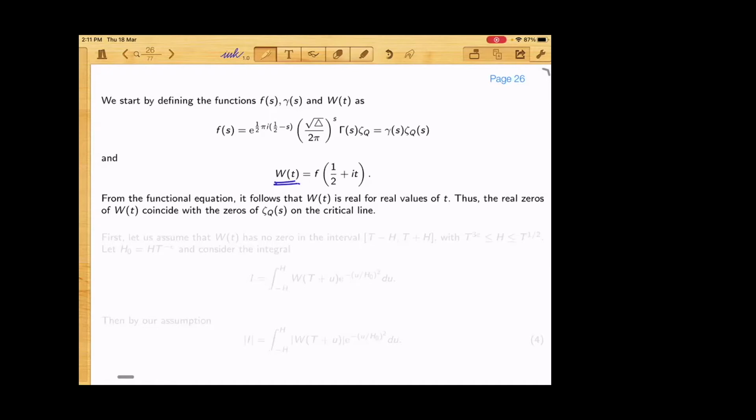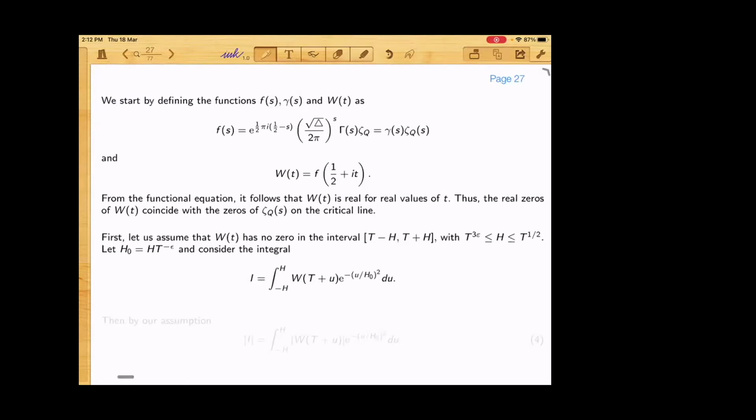Also, if you take the absolute value of W(t), this is the same as the absolute value of zeta of half plus it, since the gamma functions will not have zeros. Therefore, the zeros will come from zeros of zeta of half plus it. And therefore, in order to show the critical zeros of this zeta function, it's enough to show that W(t) has real zeros for real values of t. So that is the basic point.